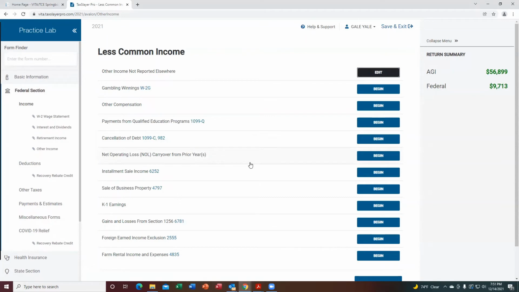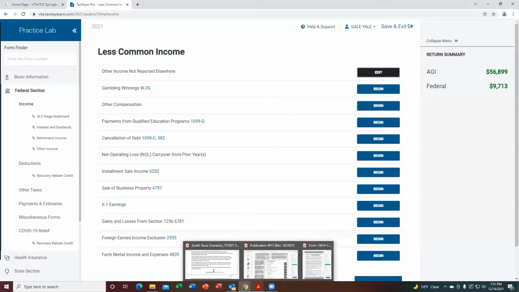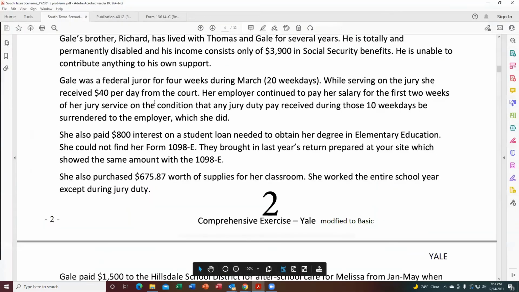And I believe that's all the sources of income. Now we need to work on the adjustments. So back to the notes. The adjustments are going to be three: the jury duty pay that they paid back, the student loan interest, and the educator expenses.